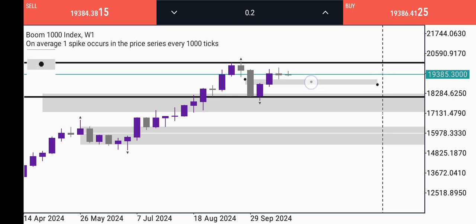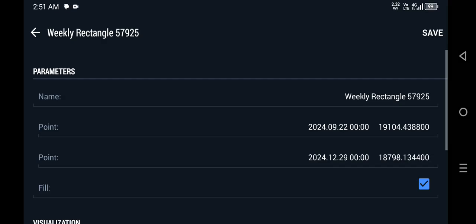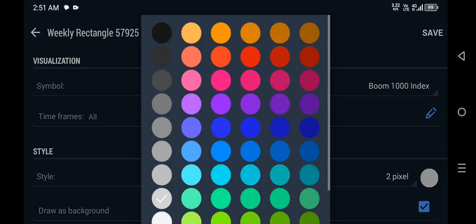Price formed a BPR using this fair value gap, still signaling a bullish move towards this previous monthly high, so price may still continue going higher. So this BPR that we have here, let me use a blue color to denote it.